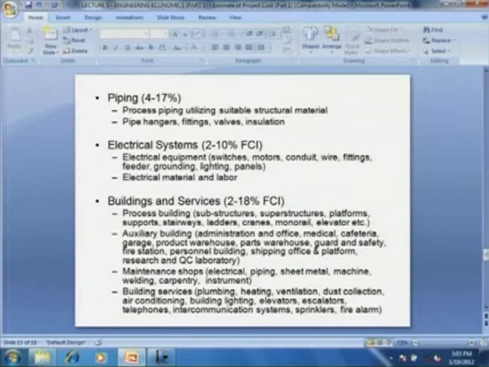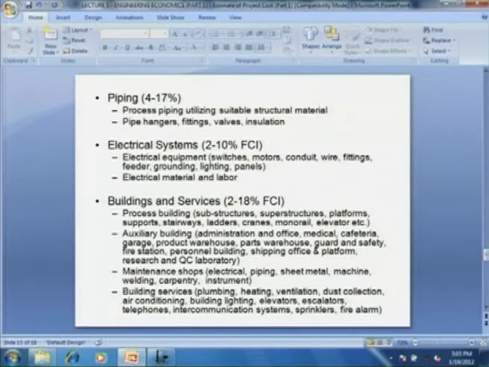Then the auxiliary building, it should have an administrative office, then medical facilities, cafeteria, garage, then product warehouse, parts warehouse, guard and safety fire station, personnel building, shipping office and platform, then research and quality control laboratory.